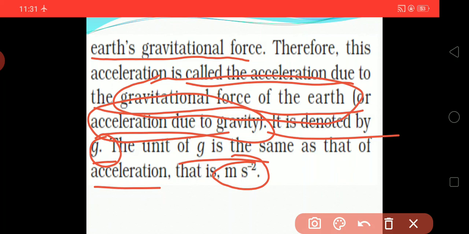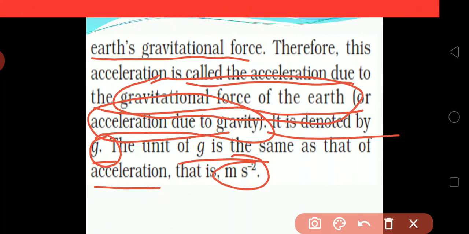Once again, it is most important to remember what small g is. Small g is the acceleration due to gravity, and it is because of whom? When a change in velocity is seen, it will involve acceleration, and this acceleration is seen because of the Earth's gravitational force.